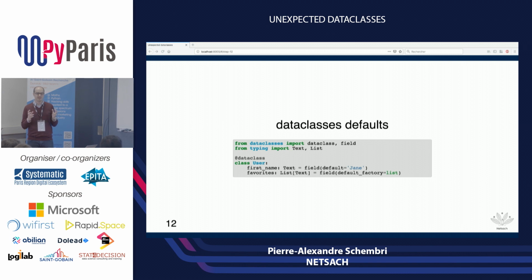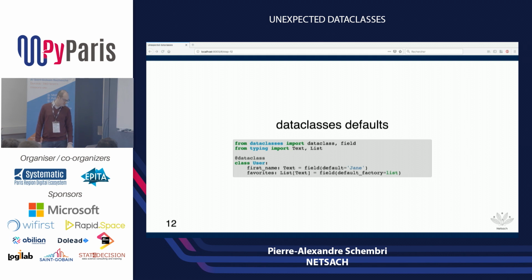And it's basically saying, OK, each time I don't want to set the value, and I will rely on the defaults, I will give a constructor, a factory, in the factory pattern, to build the favorites using a callable. So we just type list, and each time we create a user, it will create a new list for each user that is not shared between users. So the data class module prevents you from making this kind of costly mistakes.